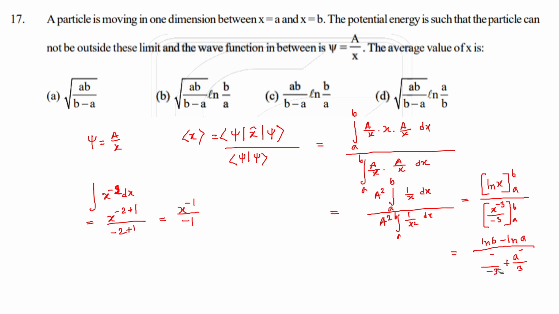It will be x to the power minus 1 divided by minus 1, but minus minus is plus. The numerator is ln b by a, divided by 1 by a minus 1 by b, which is b minus a over ab. So we can also write this as ab by b minus a times ln b by a.